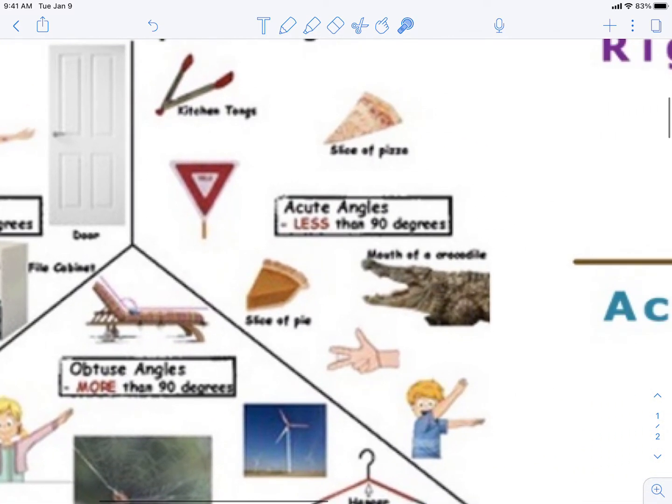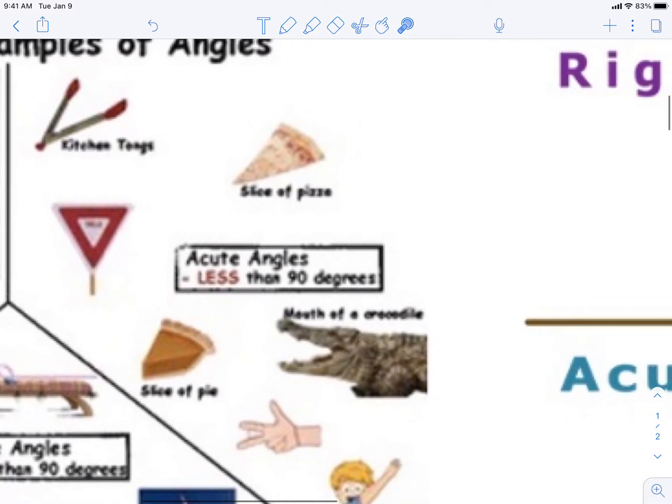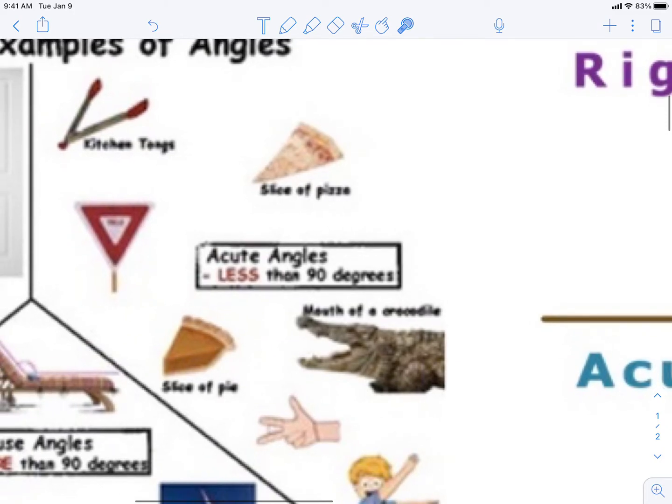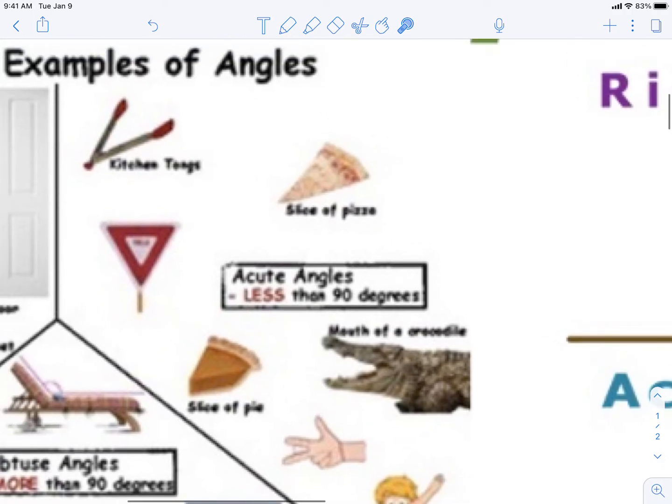Another type of angle is called acute angles. I like to think of them as cute, since it has the word cute in it. Stereotypically something small is cute, like baby animals. These kitchen tongs are cute, they don't close all the way and they don't open all the way.